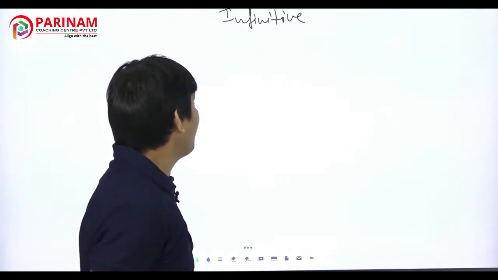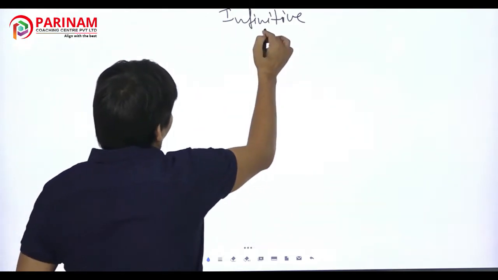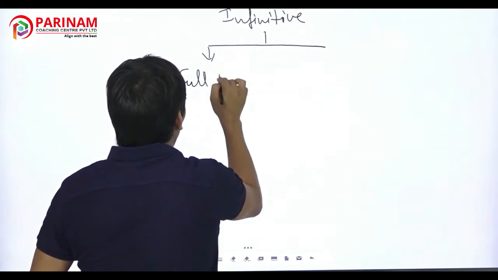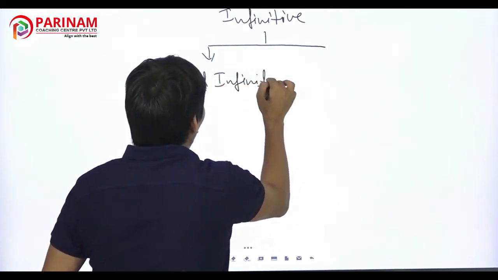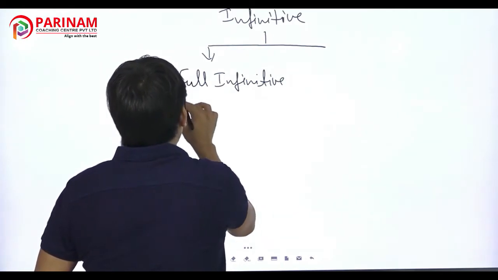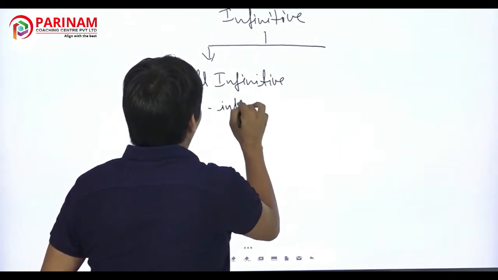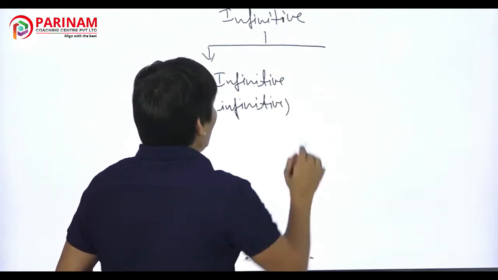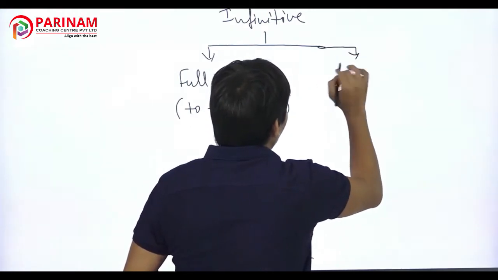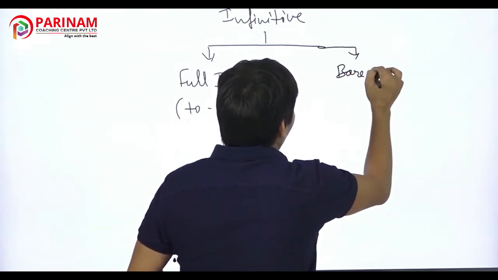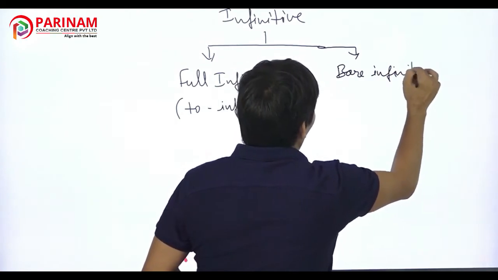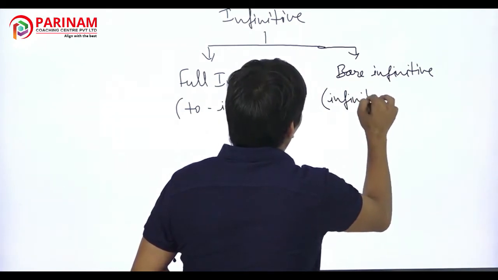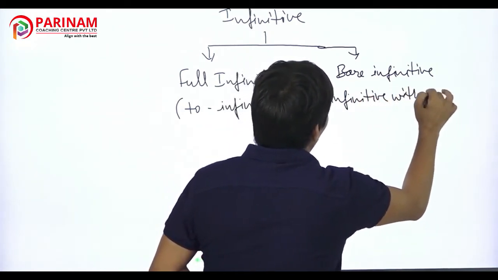Let me tell you, infinitive has two types. The first one is called full infinitive, or it is called to infinitive. Okay, and the second one is called bare infinitive, or sometimes we call it infinitive without to.